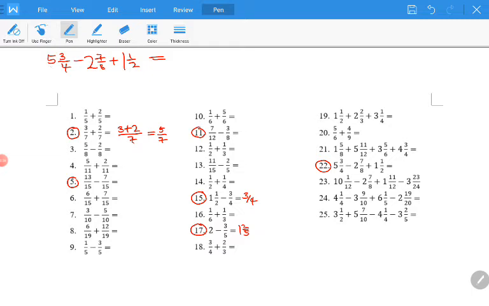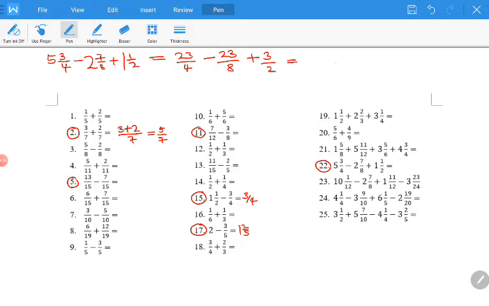So if we do that conversion, we get 23 over 4 minus 23 over 8 plus 3 over 2. And the common denominator here is 8.